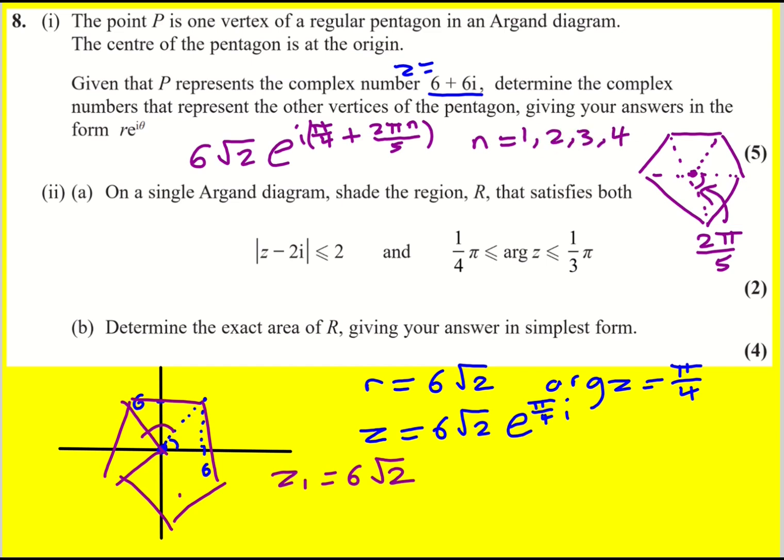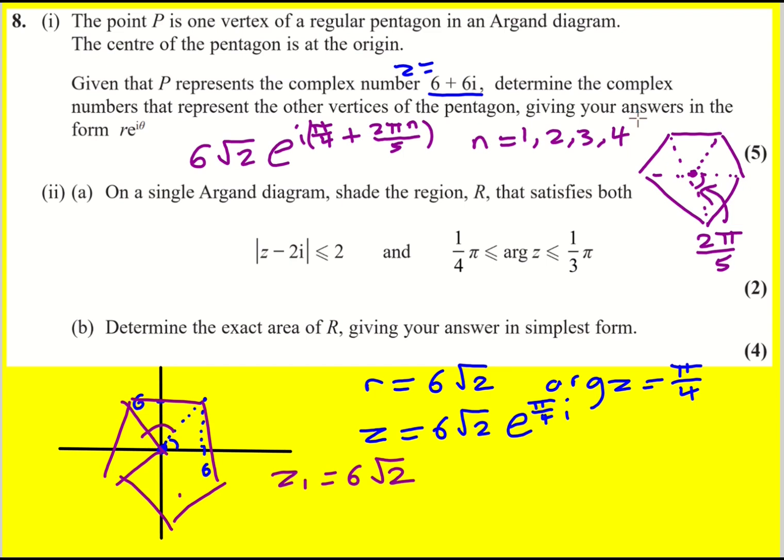Of course, when it's 0, we've got the 6 plus 6i, and then I'm just going around the axis an extra 2 pi over 5 every time. I didn't seem to get that accepted in the mark scheme, especially as this is 5 marks.